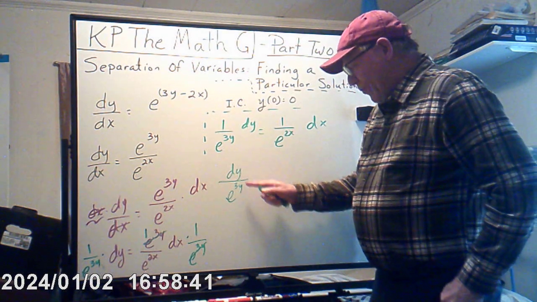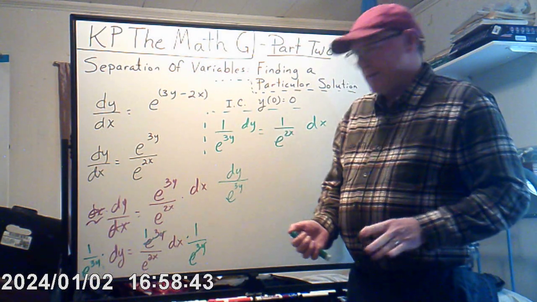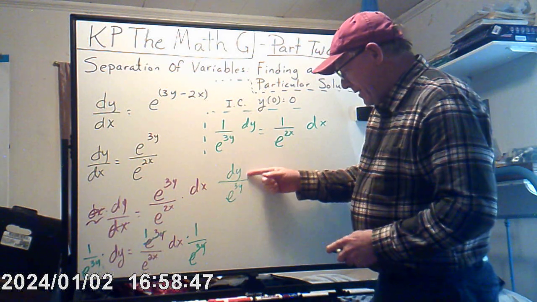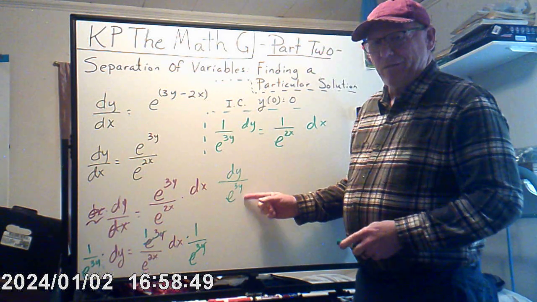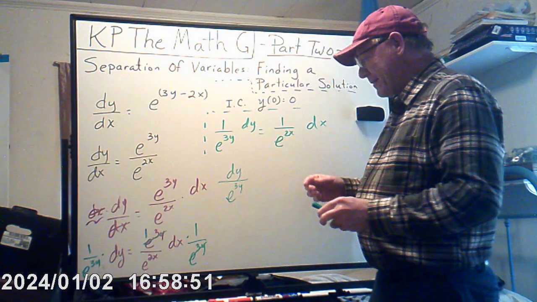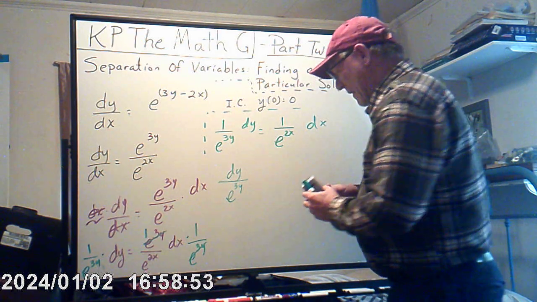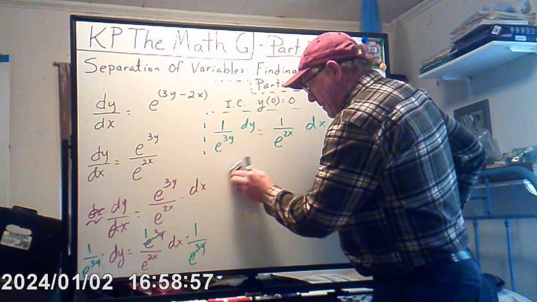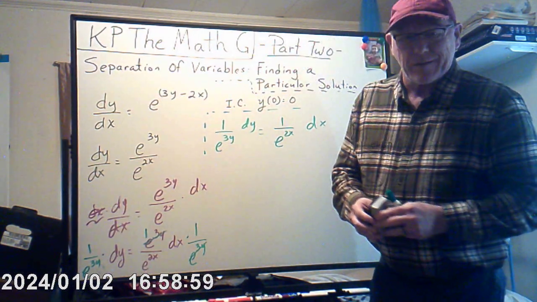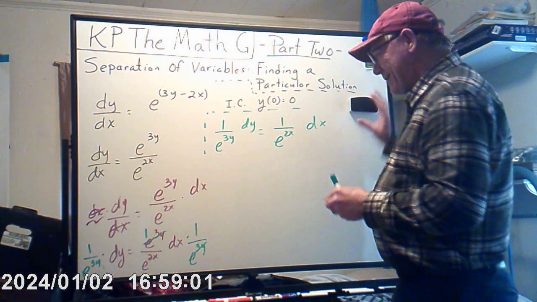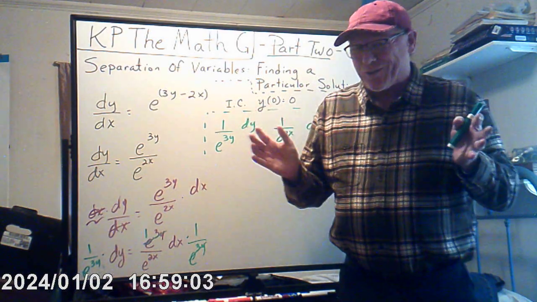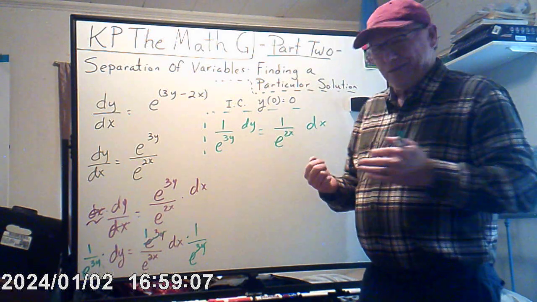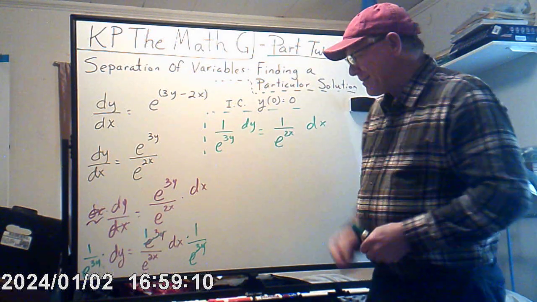Now, dy over y is ln. dx over x is ln. This is dy over e to the 3y. So this is not an ln function. And students, let's get that straight in our mind. I know it's tempting for me to do that also. When I was a student as well, I had to learn that I couldn't do that.